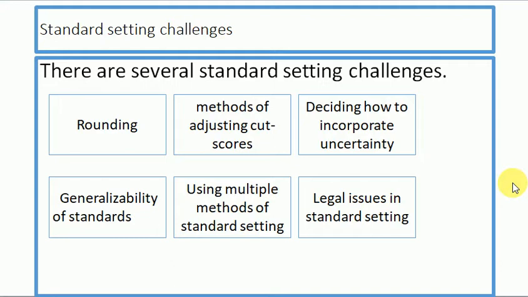Number 2, methods of adjusting cut scores. Number 3, deciding how to incorporate uncertainty. Number 4, generalizability of standards. Number 5, using multiple methods of standard setting. And number 6, legal issues in standard setting.